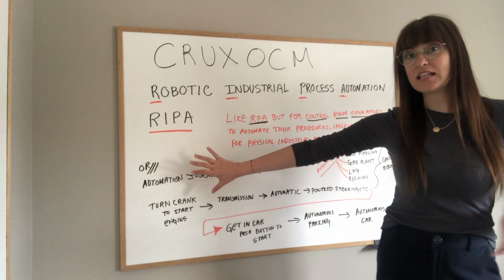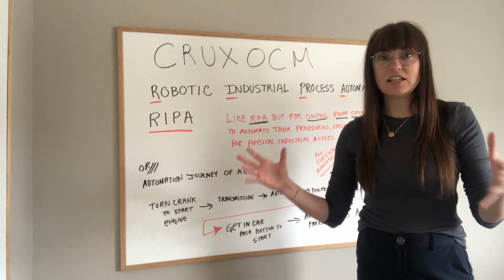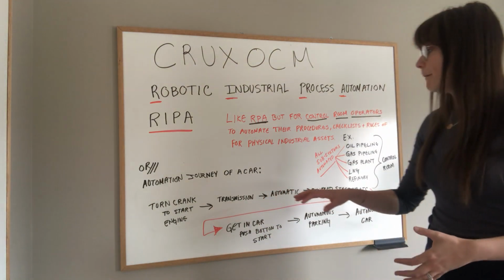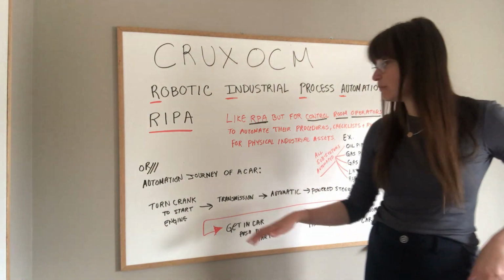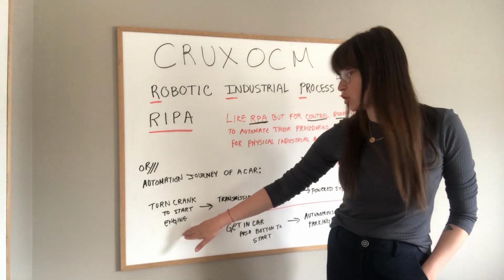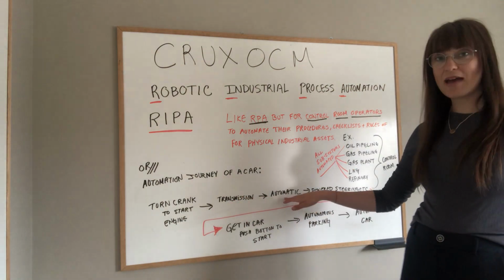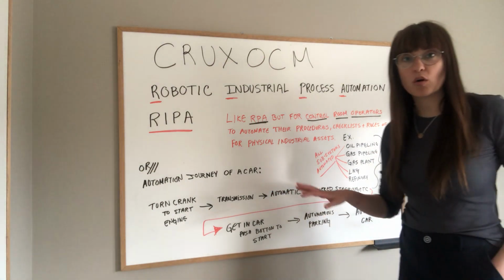Another way to explain this for folks who are not as familiar with large industry or heavy industry, or have never been in a control room, which I feel like is most people, the automation journey of a car can be looked at as something similar. So, back in the day, we were turning a crank to start the engine, and there's a transmission, and now there's automatic transmissions, or we no longer have standard cars, and then we're adding on powered steering.